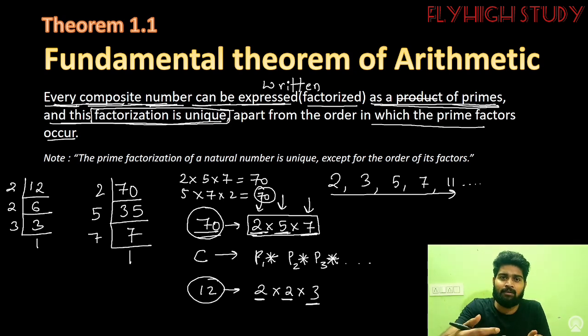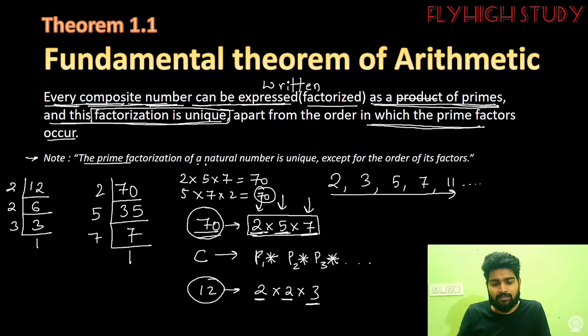You won't get the same number with other prime numbers. The order doesn't matter here. 2 into 5 into 7 is 70, 7 into 2 into 5 is also 70, and 2 into 7 into 5 is also 70. The note they have given says the prime factorization of a natural number is unique except for the order of its factors. Already I have told you, it is the same point.